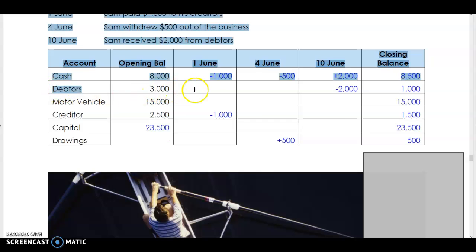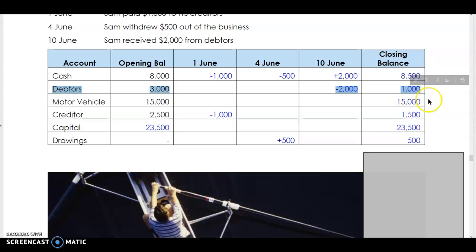Debtors, we started with $3,000, we decreased by 2, and so our closing balance in our debtors account is $1,000. Motor vehicle, no change. Creditors, we started with a balance of $2,500. It was decreased by $1,000, and so our closing balance is $1,500.